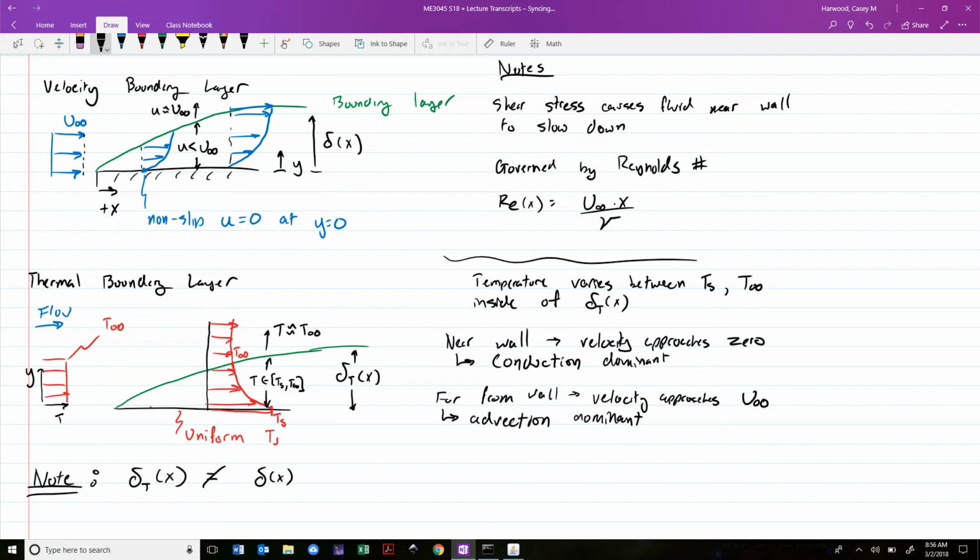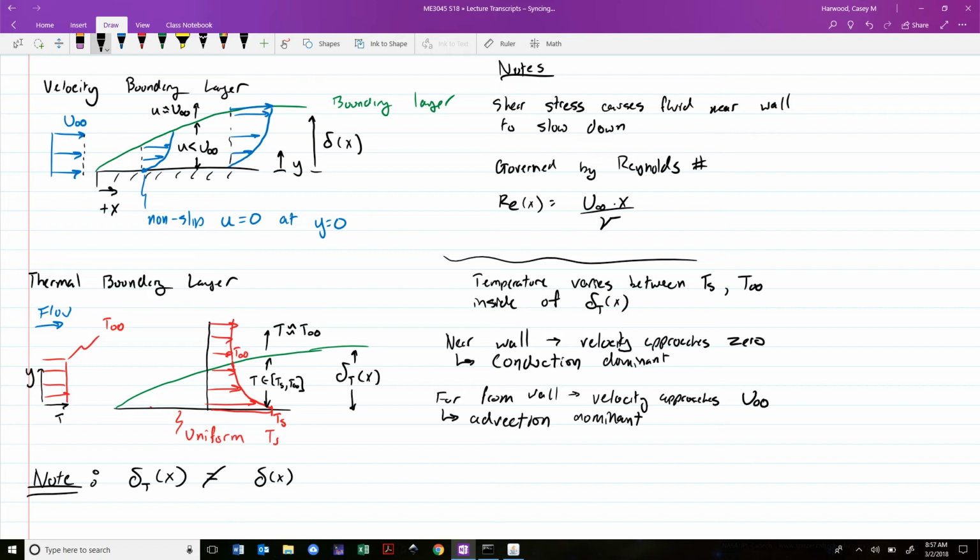One can be a lot thicker than the other, and what determines the relative thickness of the two are going to be these dimensionless parameters. In one case, the Reynolds number, and in another case, we have a different set of numbers, such as the Nusselt number and the Biot number, etc. That's what we're going to be talking about in these chapters, the way that this behaves.